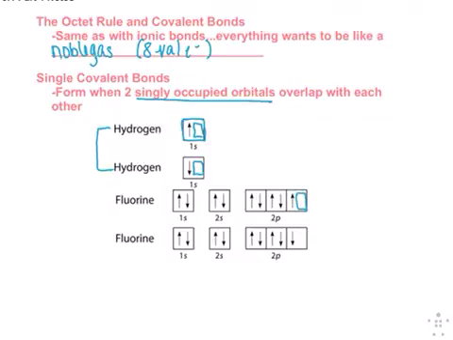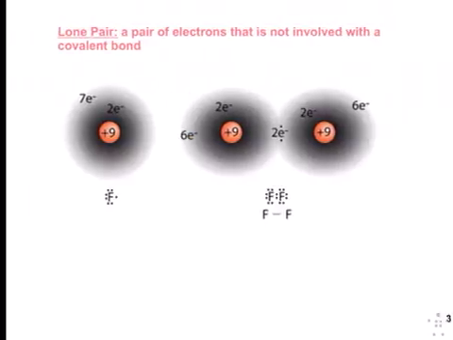The only thing that has to be true with these bondings is the electrons have to have opposite spins. Since we're doing everything on paper, we can make that true, and so we don't really need to worry about that too much.